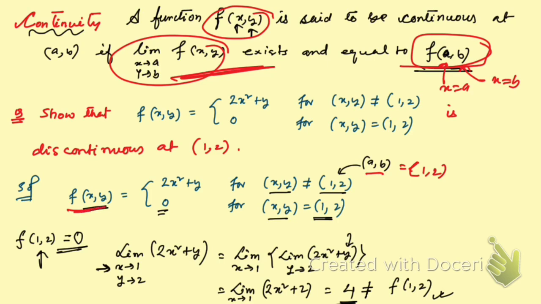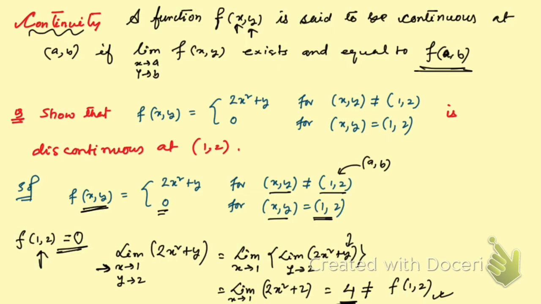The value of the function at x equal to 1 and y equal to 2 is 0, but the limit is not equal to 0, so that's why this function is discontinuous according to the definition of continuity, right? Therefore, f of (x, y) is discontinuous at (1, 2). I hope you have understood this.